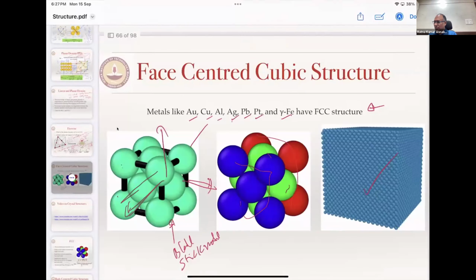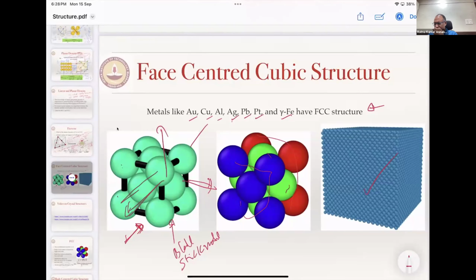If you look at this unit cell, how many atoms are there? 14 atoms. Effectively, how many are there?